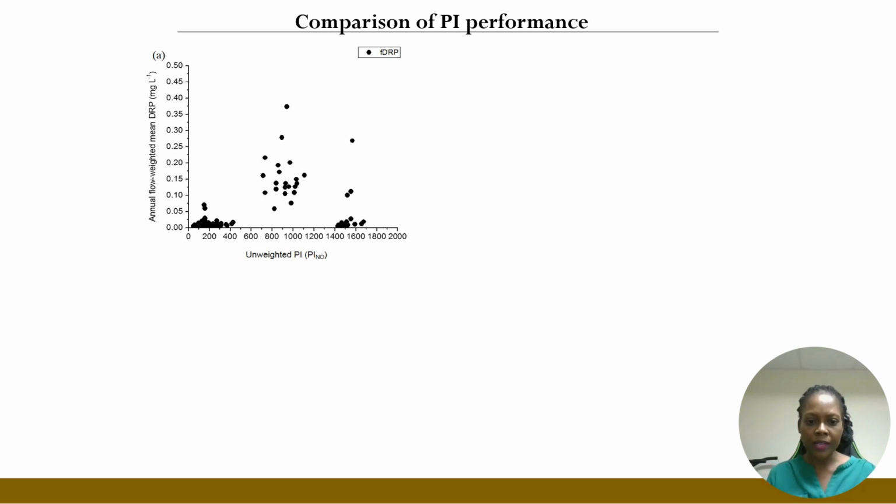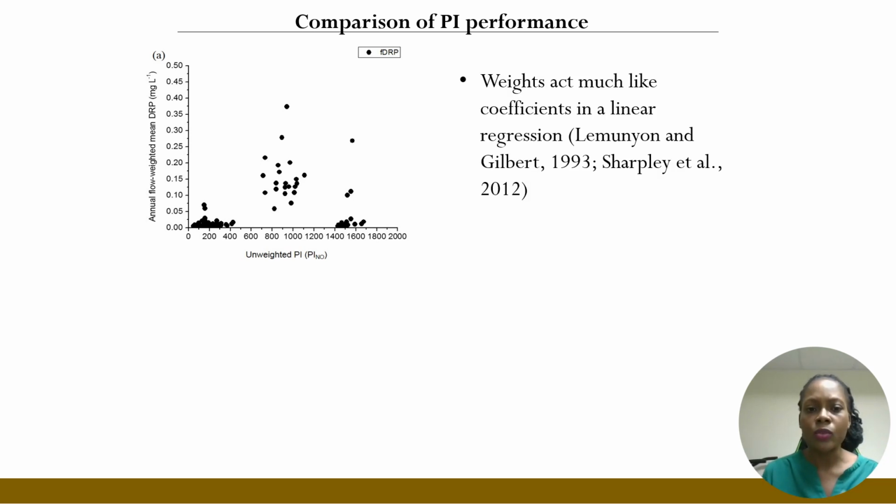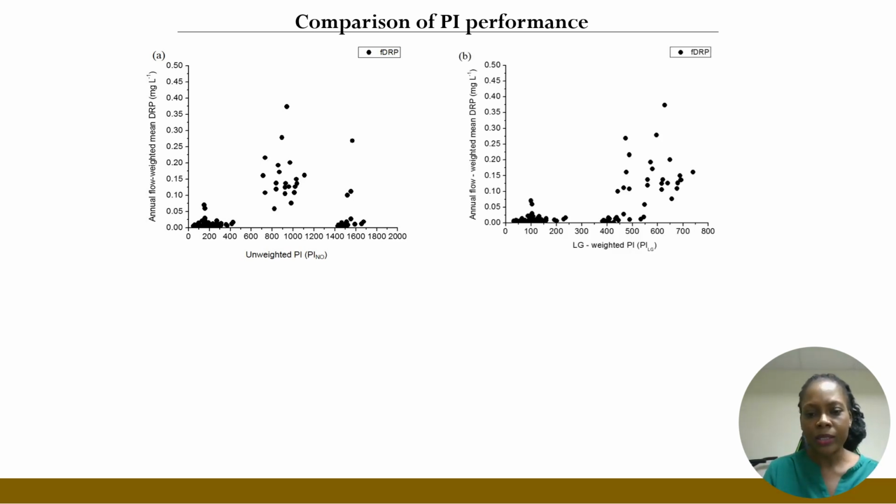When you look at figure A, you can see that there was not a significant exponential relationship between index values and the measured phosphorus loss. This was expected given the absence of weights, since weights act much like coefficients in a linear regression. Next, let's look at the index whose weights were arbitrarily determined.